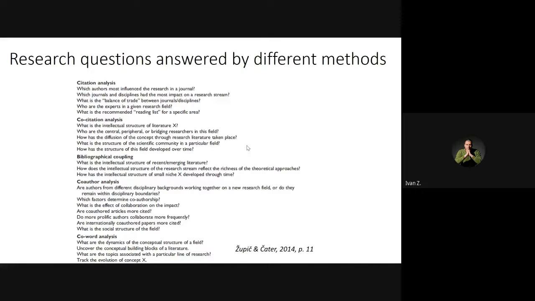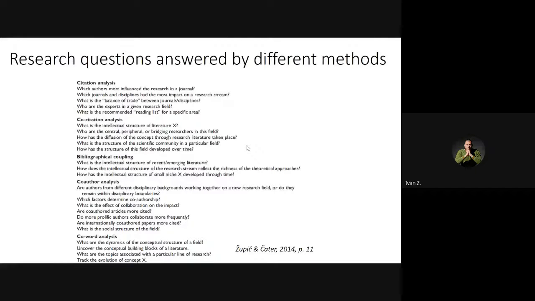Here you see what kind of different questions you can answer by different methods. Right? So different methods are more appropriate for analyzing different questions than others. So, for example, in co-citation analysis, you can analyze the intellectual structure of a certain literature. Also, how this literature actually developed over time, and how the structure of the field developed.